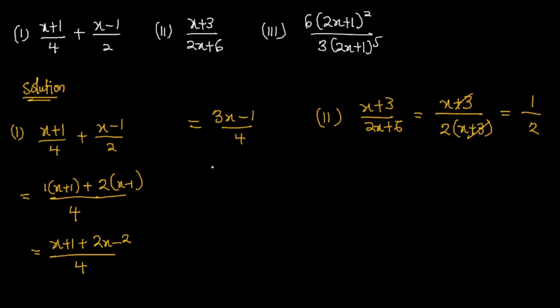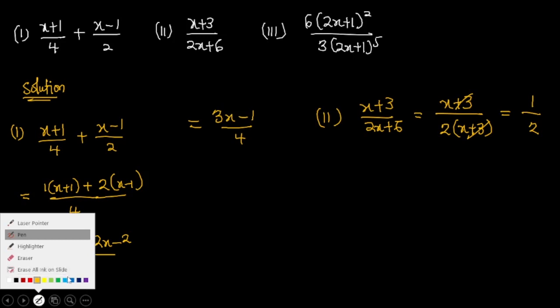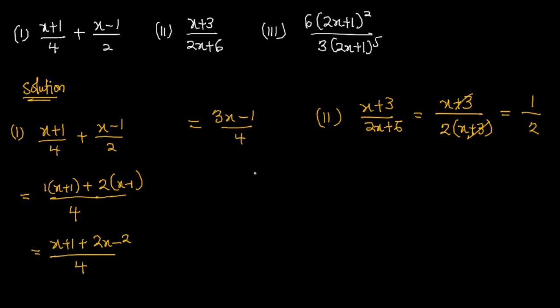Alright, let's go ahead and tackle the last expression. So the last expression, we have 6 into bracket (2x + 1) squared over 3 into (2x + 1) raised to the power 5.